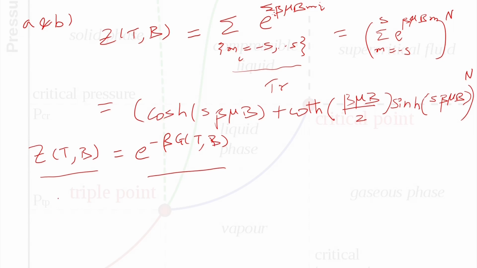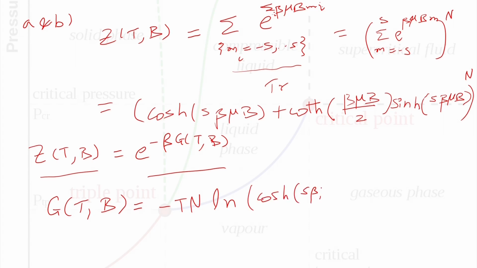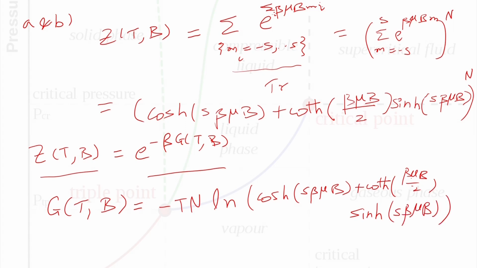From this you can deduce the Gibbs free energy itself as minus T times N times log of this quantity: cosh(S beta mu B) plus coth(beta mu B / 2) times sinh(S beta mu B).